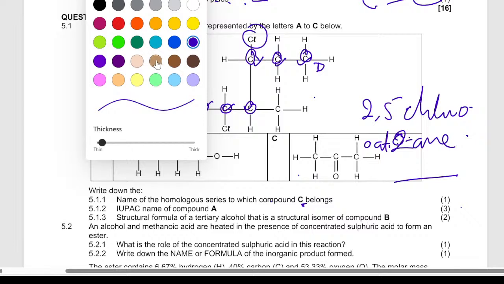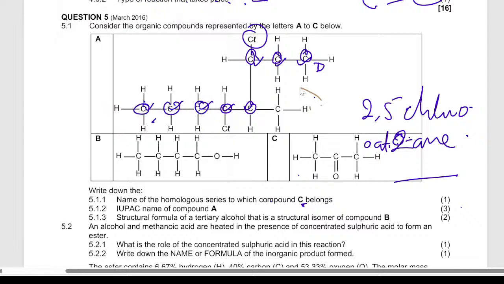Now let's find out the side groups. So this one becomes a side group. However, this and this are branches. If I count from this side, it's gonna be 1, 2, 3, 4. The first one was on 4, then you have 5, then I have 6.